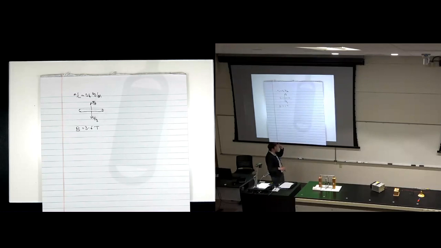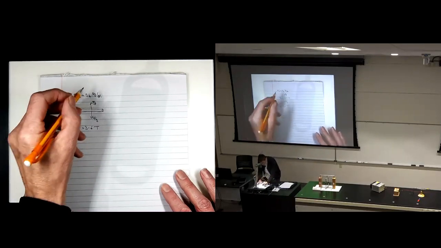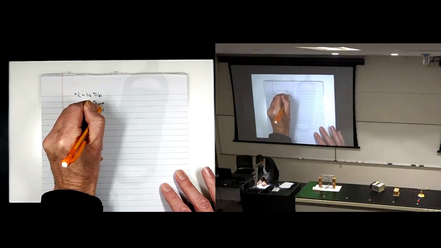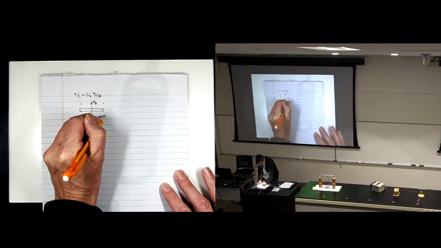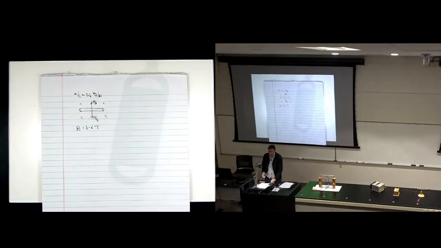I want my field, I didn't show the field lines in this picture, they're pointing in towards the screen. So here's the field. So I know my fingers have got to curl in towards the screen, and I know I want an upwards force. So let's try the right-hand rule for the two possibilities.